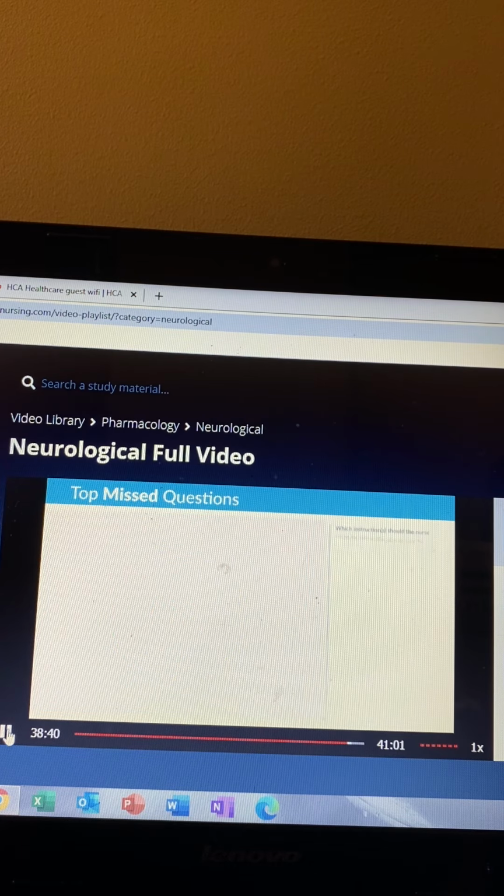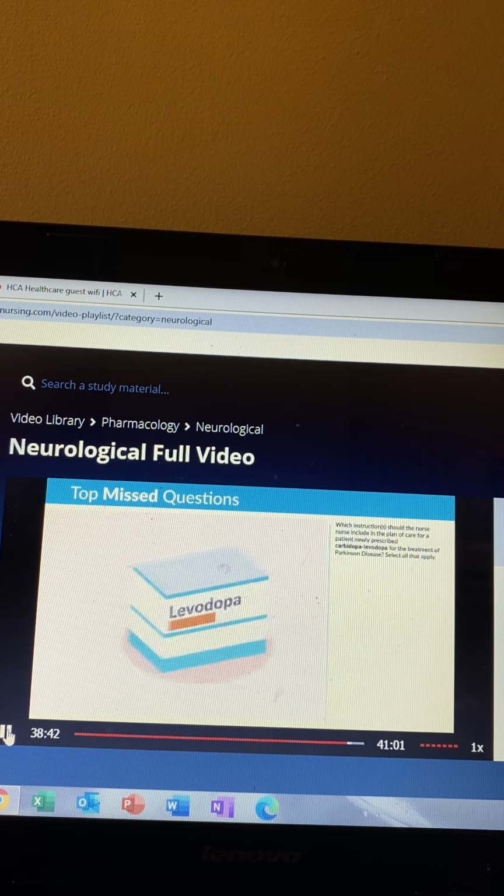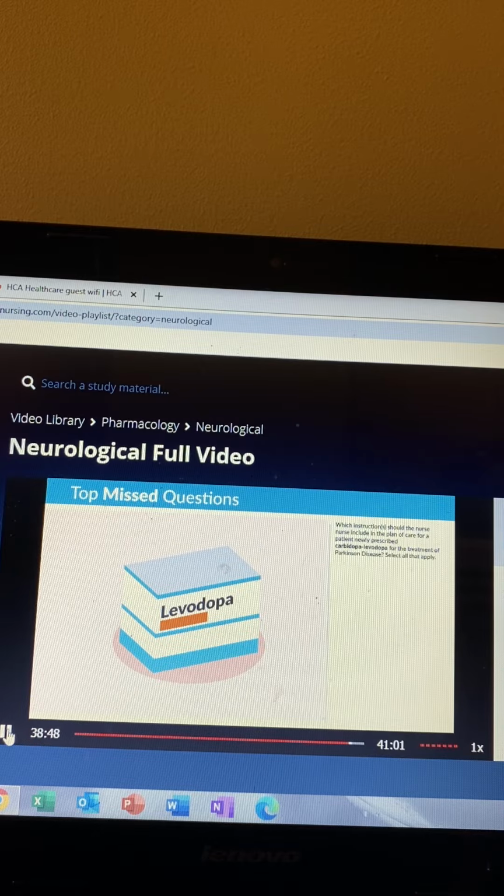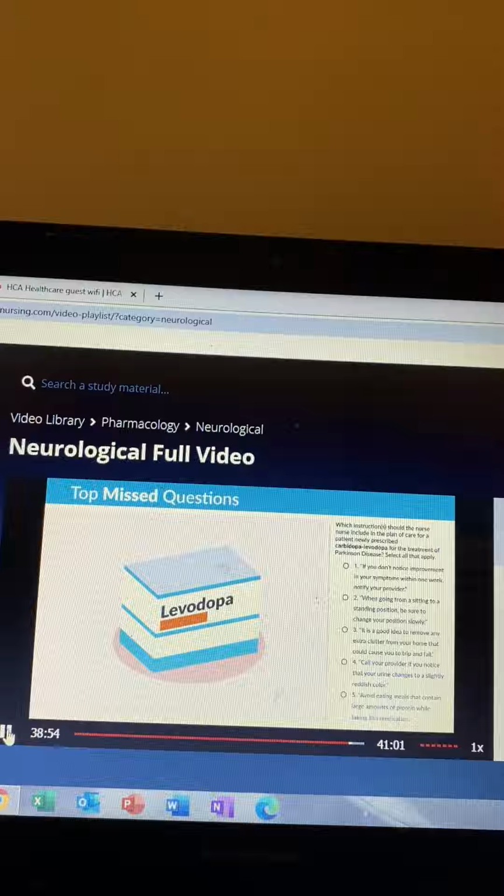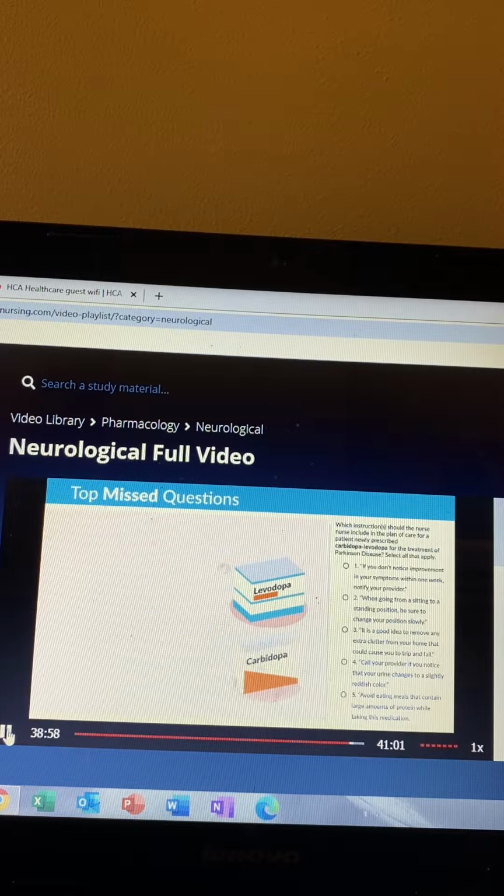Now the last question here: which instructions should the nurse include in the plan of care for a patient newly prescribed carbidopa and levodopa for the treatment of Parkinson's disease? Select all that apply. Okay, let's break this down. The question's asking for the plan of care for the key term newly prescribed carbidopa and levodopa. Before looking at the options, here are a few things we know about this drug.